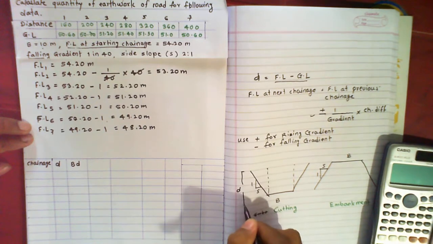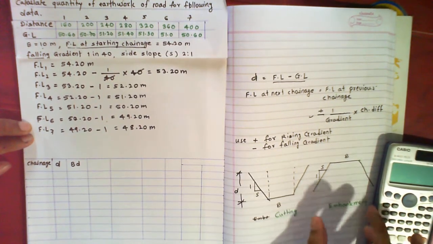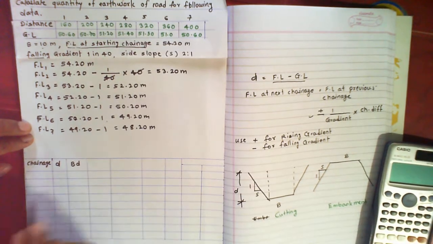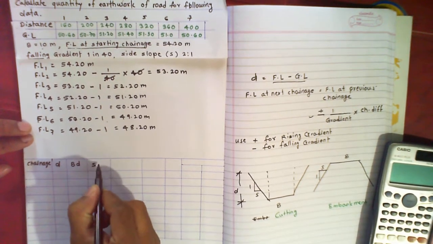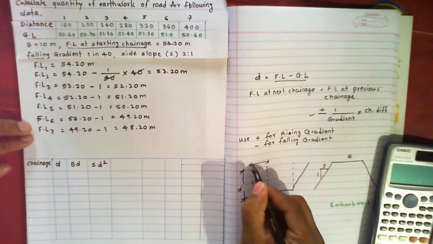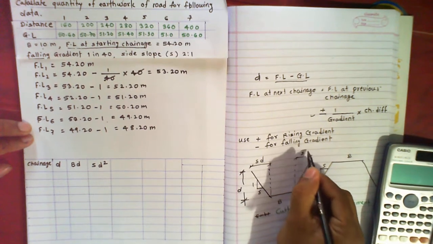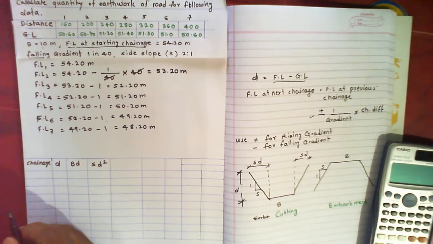This is depth. This cross section is for cutting and this cross section is for embankment. This part is for triangular area. So this base is SD. This base is also SD, as we have studied in the last lecture.